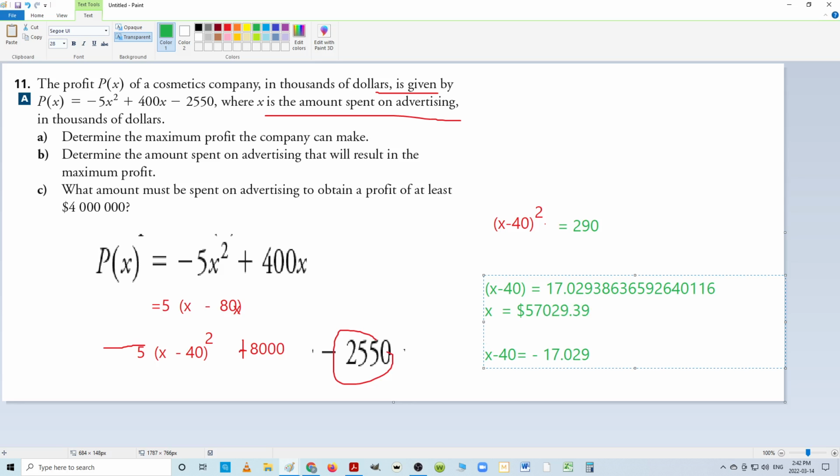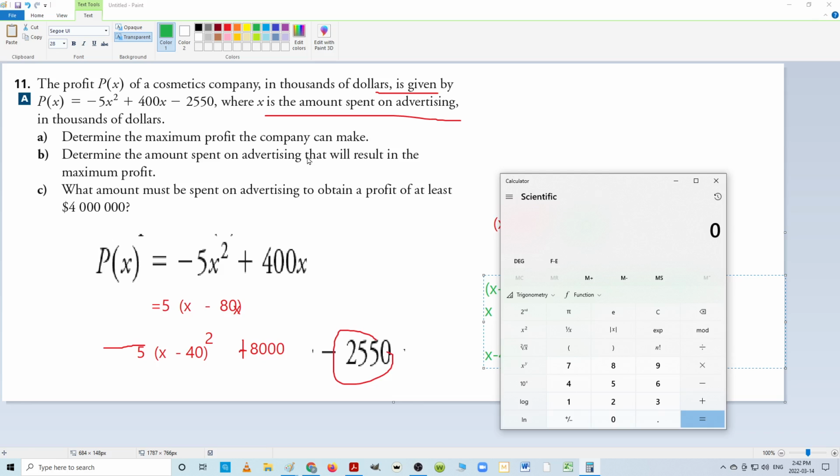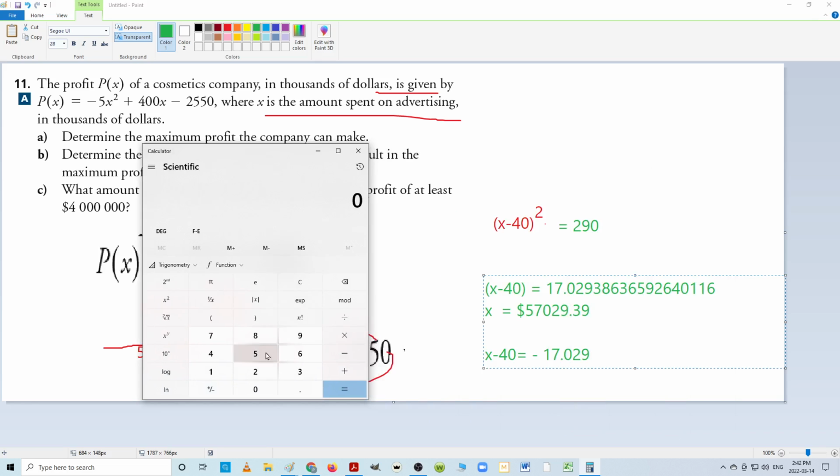And this one is going to, and I've got to add 40, is going to be equal to this, and then times 10, times 100, there we go, is going to be equal to this in advertising.